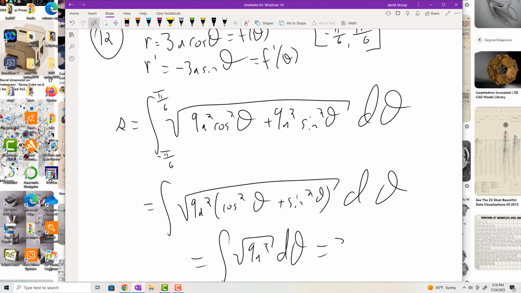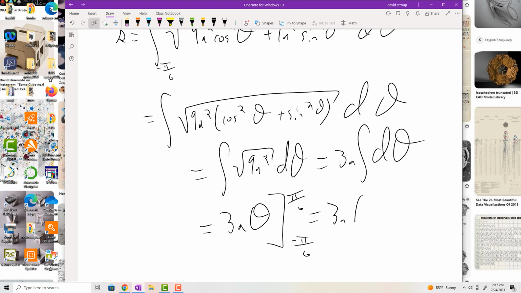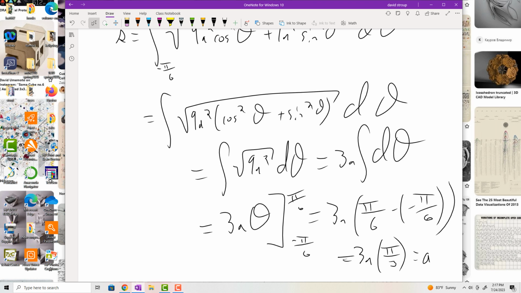The square root of 9a squared is 3a. The integral of d theta is just theta, so you get 3a theta, negative pi over 6 to pi over 6. And of course that will be 3a times pi over 6 minus negative pi over 6, which will be 3a times 2 pi over 6. 2 pi over 6 is pi over 3. The 3's will cancel and you just get a times pi.